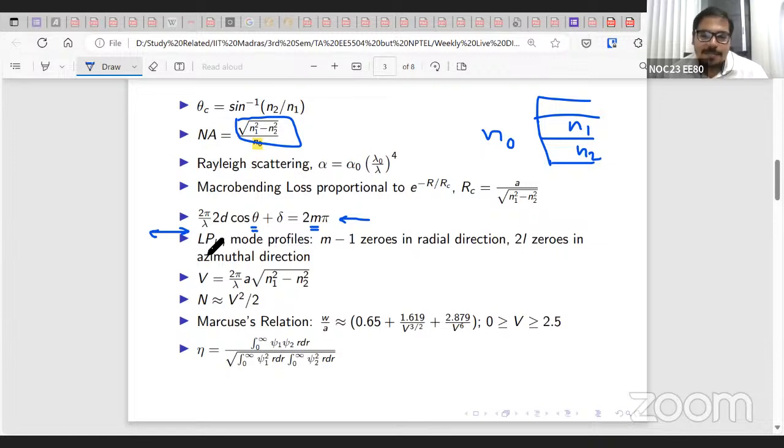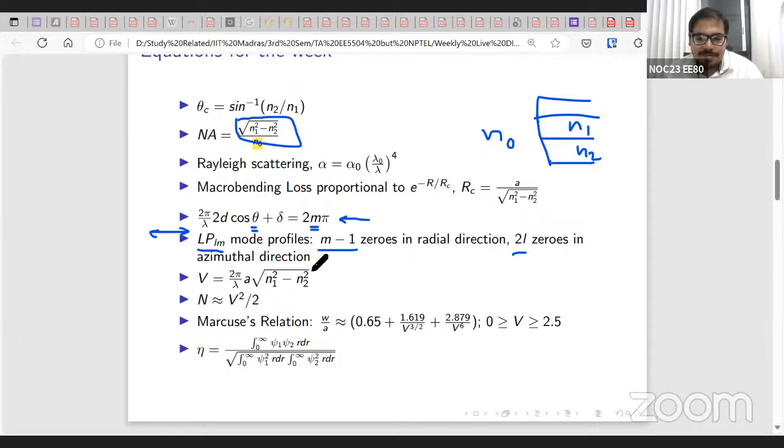We define them using this LP, LM, and based on this L and M, you can tell how the mode will look. So you will have M-1 zeros in the radial direction and 2L zeros in the azimuthal direction. From there, you can tell how an LP, LM mode looks, or if you see an electric field or an intensity profile of a mode, you can tell which mode this is.